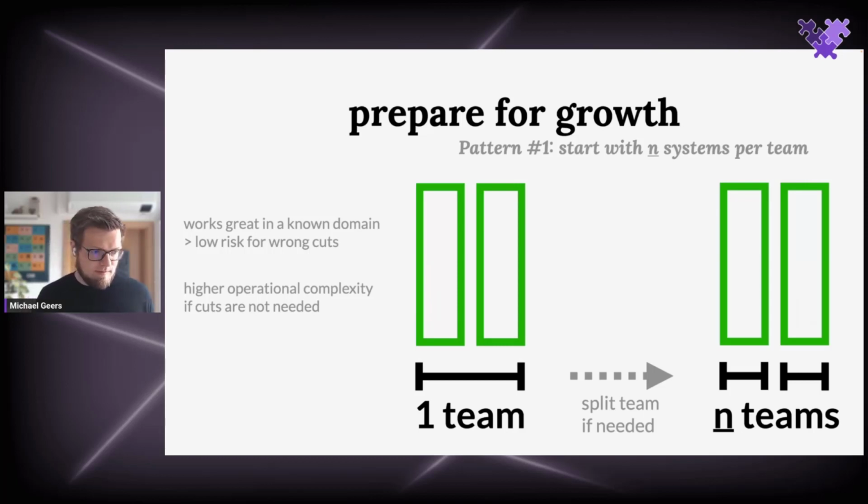Not all e-commerce systems are the same, but you have some amount of commonality, and sometimes we start not with a one-to-one relationship, but with one team building two of these systems, for example, because they know the feature load is not very high. But when we are successful, when the demand grows, we are able to split the teams. Then we have one team working on system A and one team working on system B, and we are prepared and don't have to do anything technical, just split the teams.